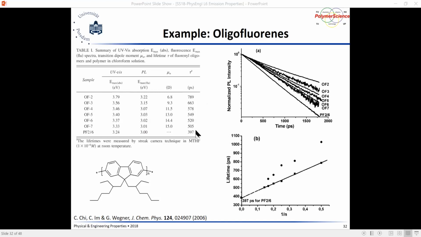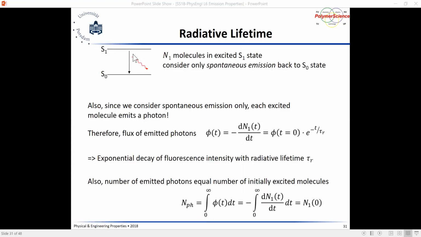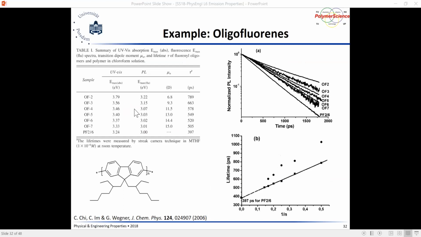This could either be because we end up having more non-radiative processes competing with your radiative, or it could just be that when it's in the excited state, it takes a shorter time for it to come back to the ground state. And you can see this trend here, lifetime versus 1/n. So as n increases, lifetime gets smaller.